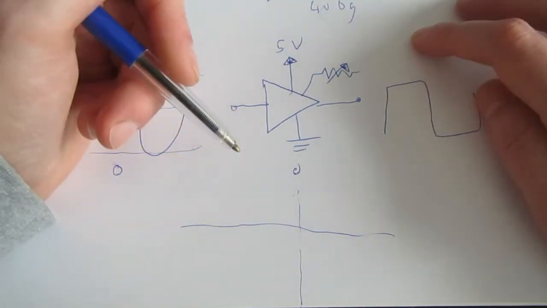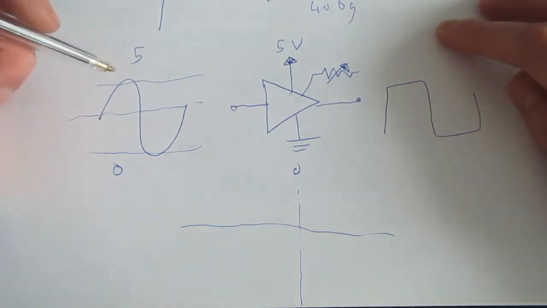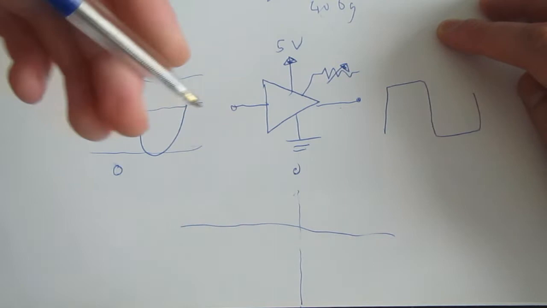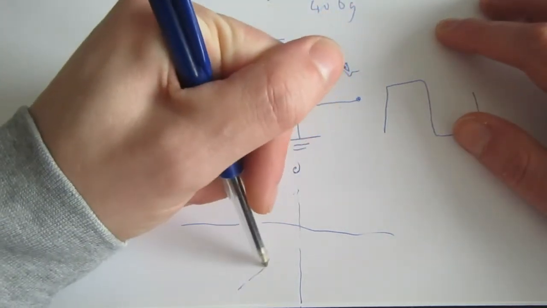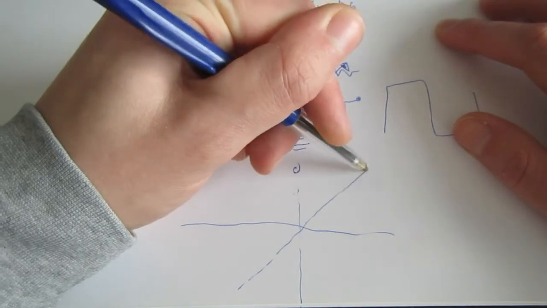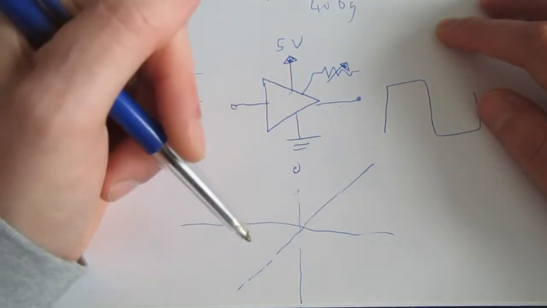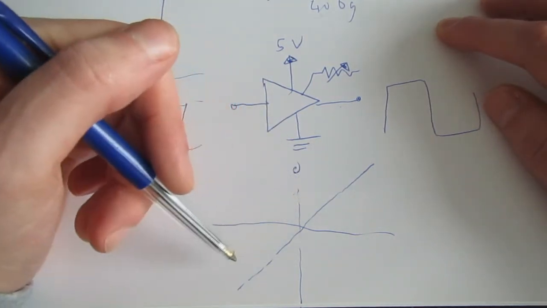Now, normally at unity gain, so the gain would be 1, whatever comes into the amplifier also comes out, just the same, unchanged. When we look at our graph of the transfer, we'll get a straight line. And this line, for those who are not in the know, illustrates the relationship between input and output.